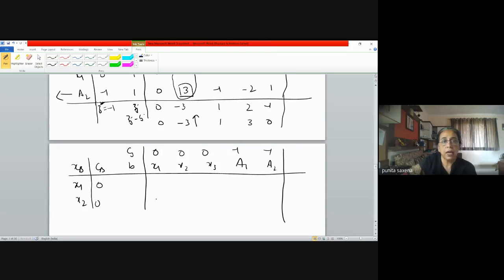So we are dividing R2 by 3, right? So this becomes 1 by 3, 0, 1, minus 1 by 3, minus 2 by 3, 1 by 3. Am I right?